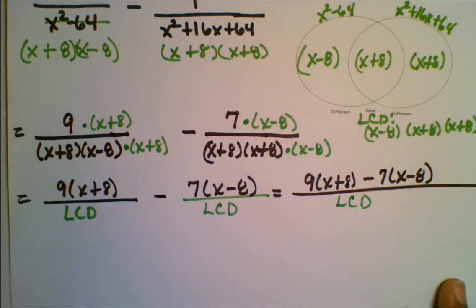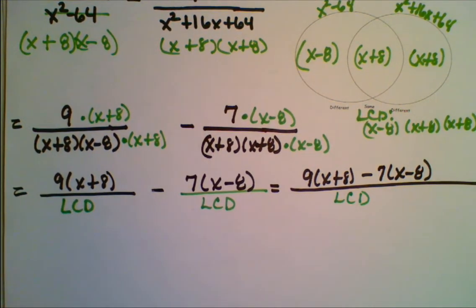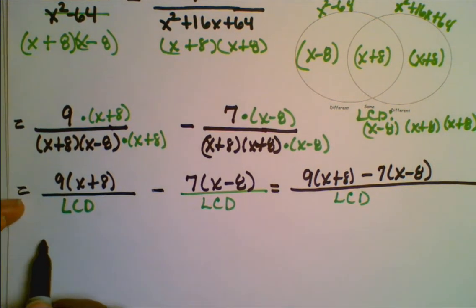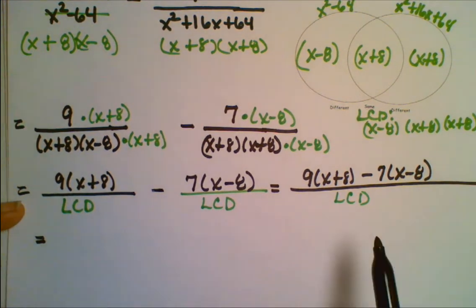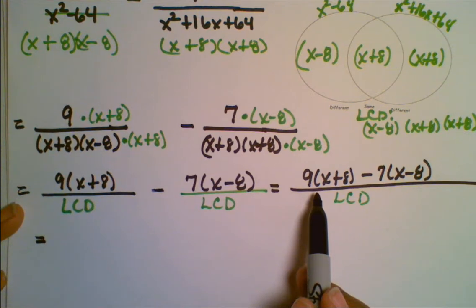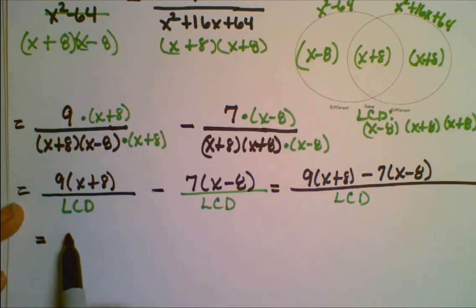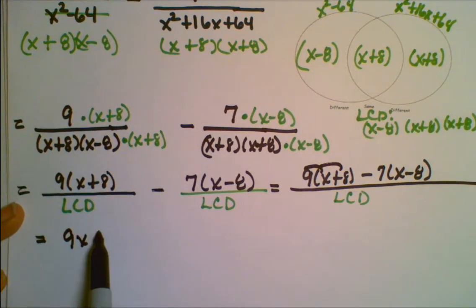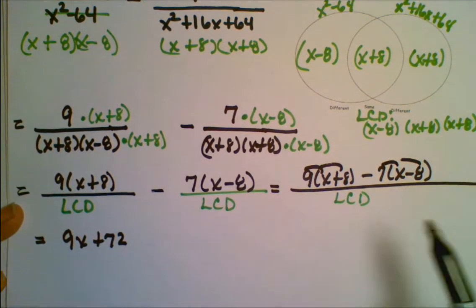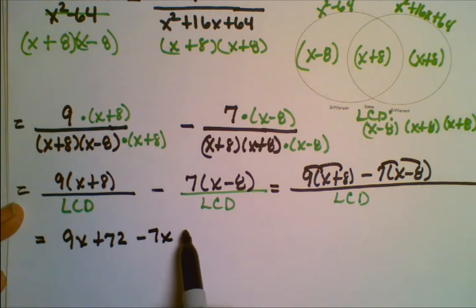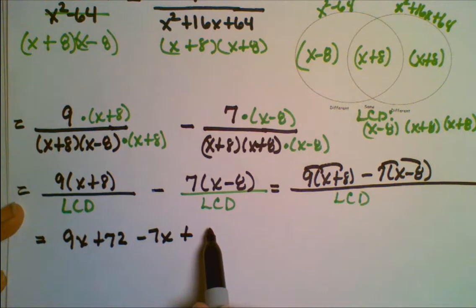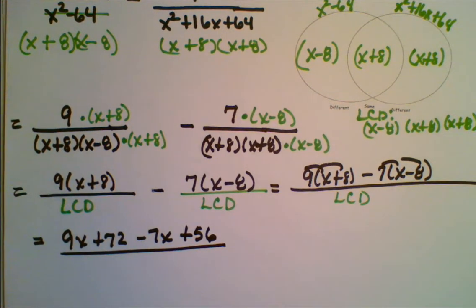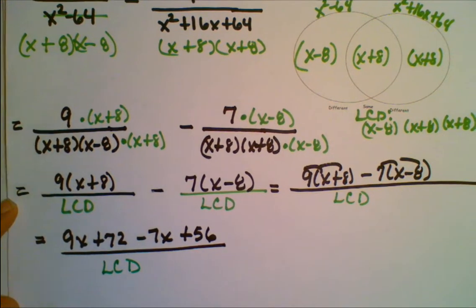And look at your numerator. We have parentheses. We're going to distribute. And then that leads us into, once we distribute, combining like terms. So we have here, distribute the 9. 9x plus 72. Then distribute the negative 7x. We have minus 7x plus, what's that, 56? All over our LCD.